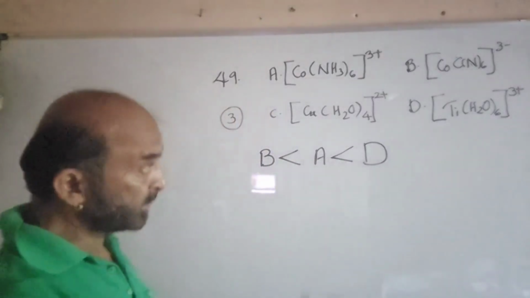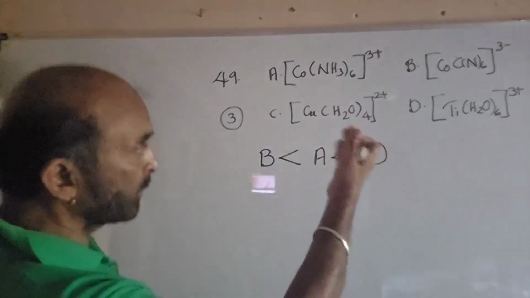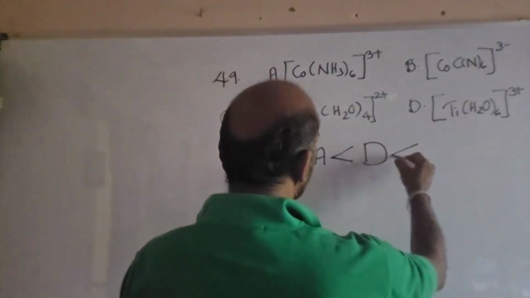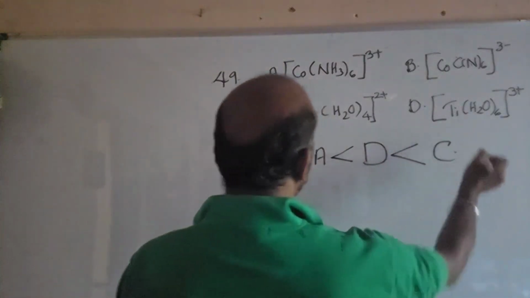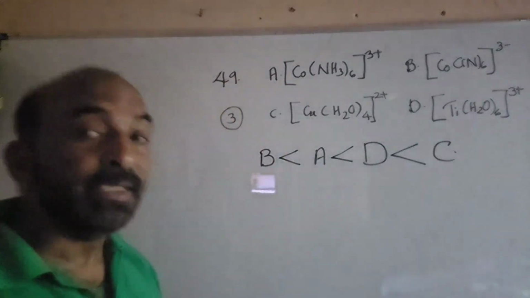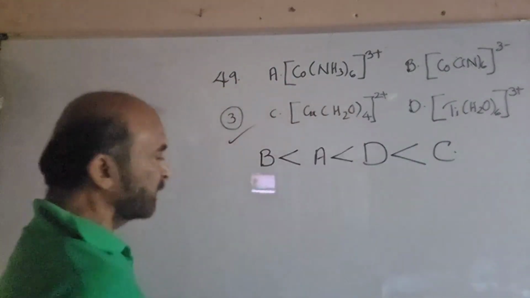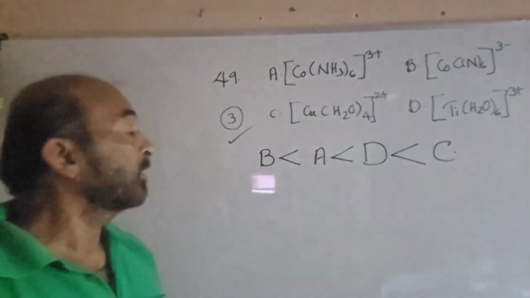Because it is having 3 plus charge and is an octahedral complex too, so D. So finally we have the tetrahedral complex C. So B, A, D, C will be our answer, and that is option 3. So for this question our answer is option 3.